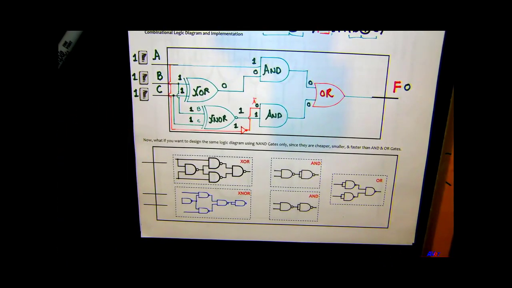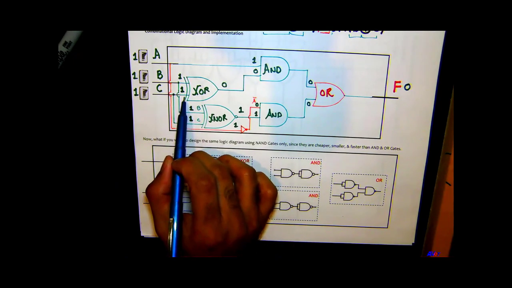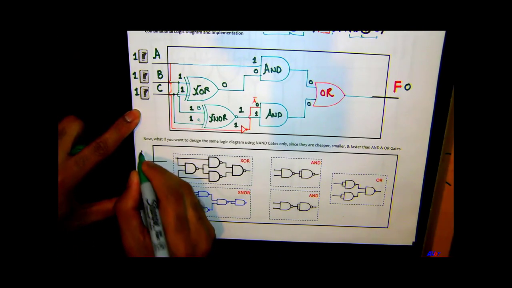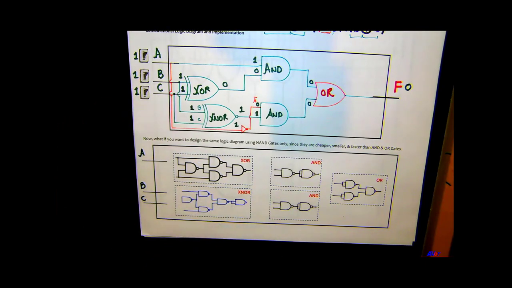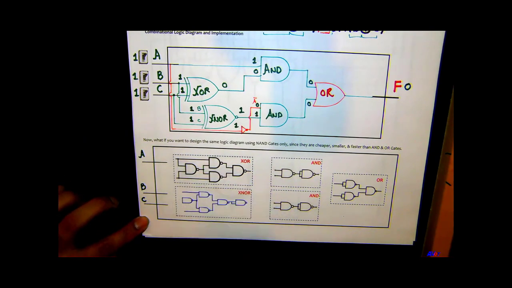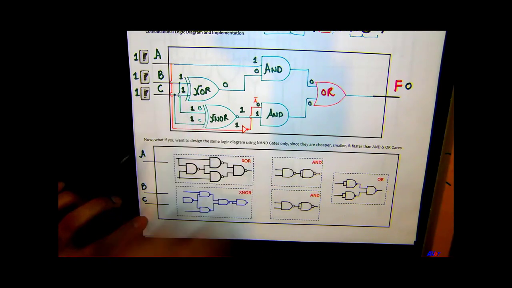I have this exclusive OR right here. If you look at the exclusive OR, this is going to be our A, this is going to be our B, this is going to be our C. What are the inputs that go into the exclusive OR here? It's easier to find it over here, right?